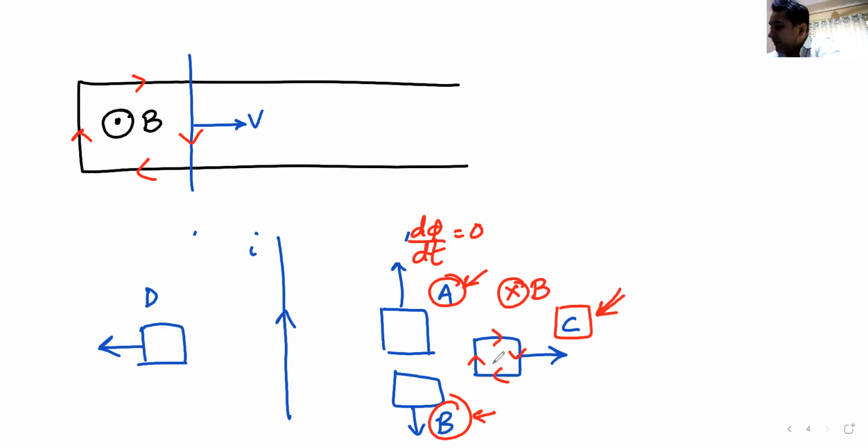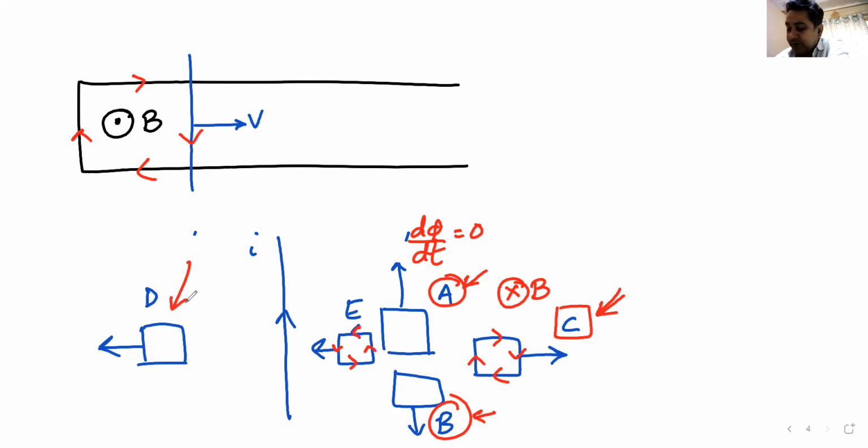If I had created one more case here, say case number E, like this, what will be the direction of current in case number E? Anti-clockwise current, because now I need to decrease the flux.